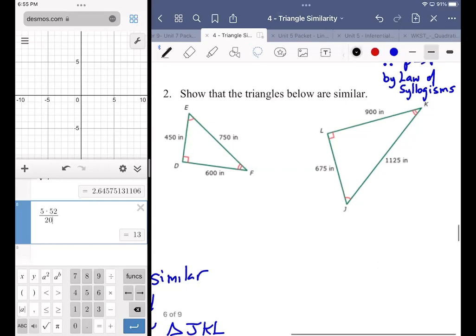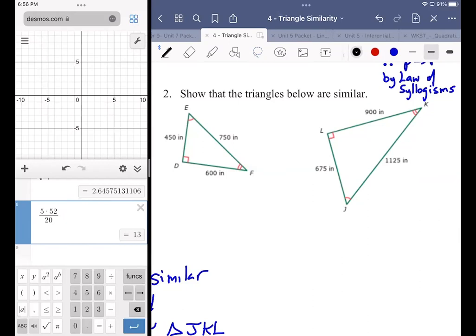If we could demonstrate that the triangle is in proportion, then we will have shown that the triangles are similar to one another. Right? So what I would want to do is identify the longest side in each case, because those should be in proportion. The shortest sides should be in proportion, and the middle side should be in proportion.